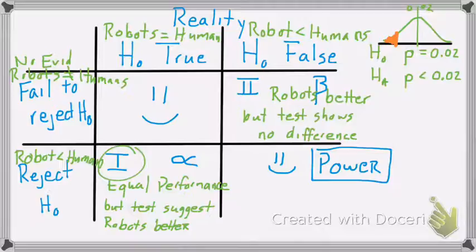Now, from the company's perspective, I would imagine they would be the most concerned about the type 1 error. So they want to have the lowest probability of making a type 1 error as possible. So that's why they would probably set their alpha as 0.01, because setting a low alpha, low probability of a type 1 error, will by definition slightly increase your chance of making a type 2 error.